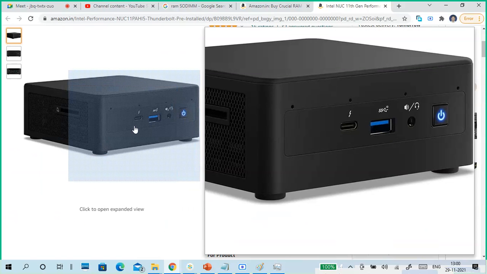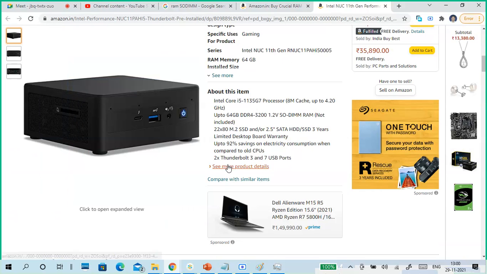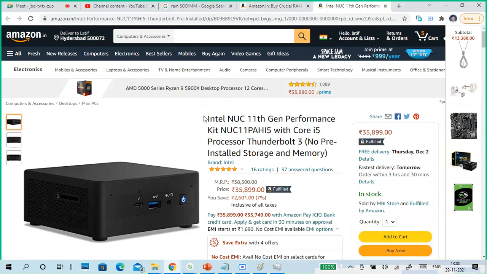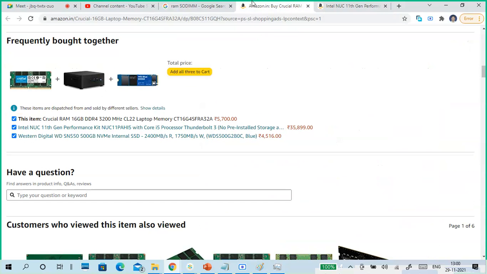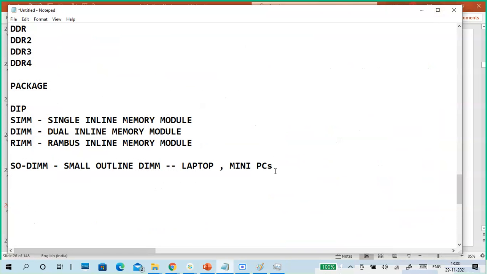This box comes with a motherboard, processor and connection part only. You have to insert your RAM and storage. That is a mini PC, an Intel NUC type, 11th generation, a new one. So that is about the SODIMM packages.